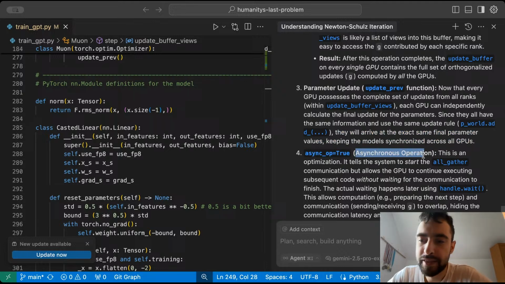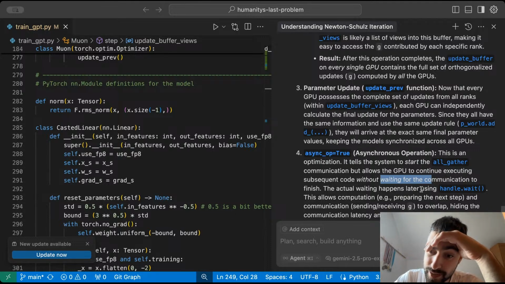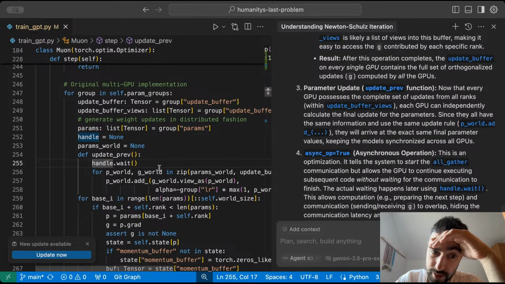Asynchronous operation. This is an optimization. It tells the system to start the all-gather communication, but allows the GPU to continue executing subsequent code without waiting for the communication to finish. The actual waiting happens later using handle.wait, here.